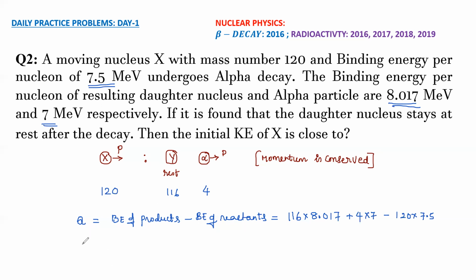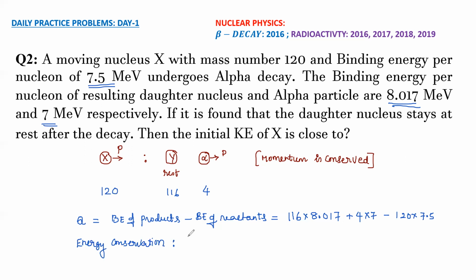Now energy is also conserved in a nuclear reaction. So energy conservation requires us to conserve the mechanical energy before the reaction plus the energy liberated in the reaction shall be equal to the energy after the reaction.